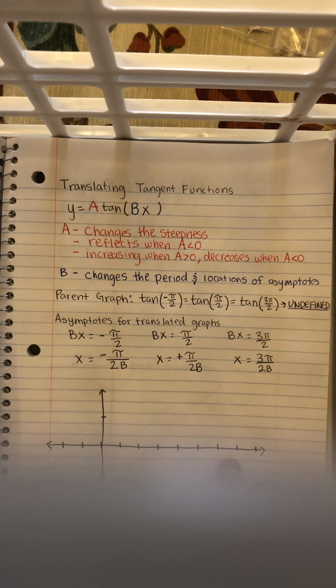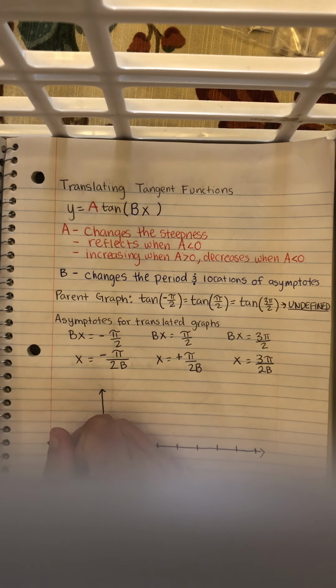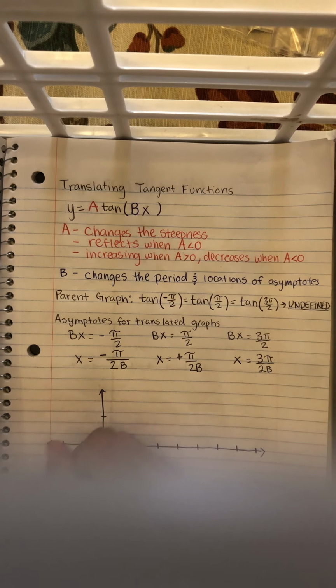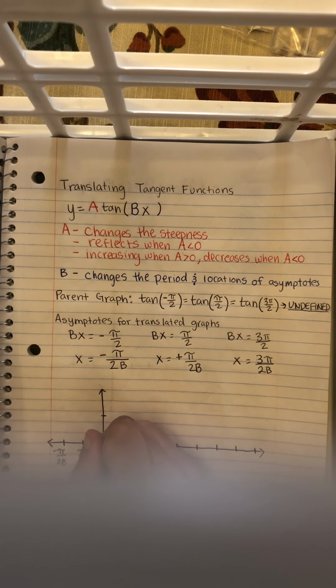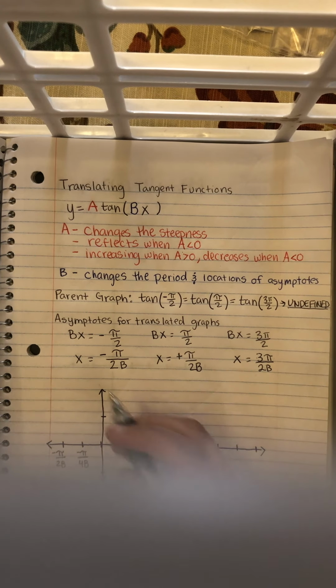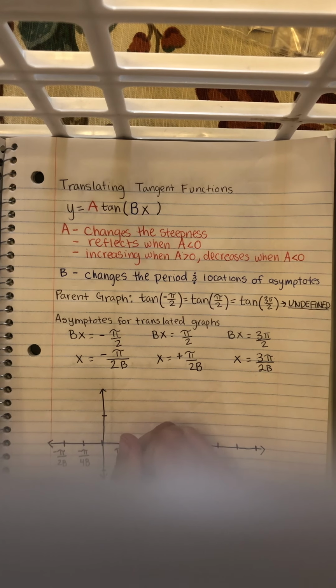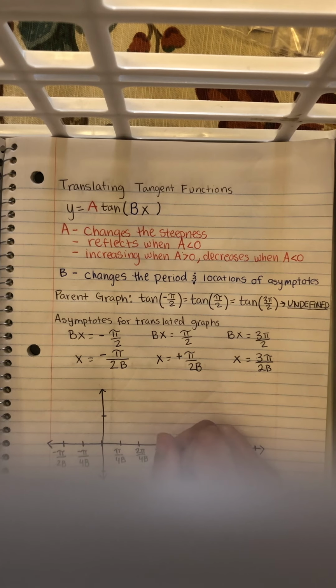Our x-axis is going to look the same almost every single time. What's going to change is what we count by. So our first asymptote is at negative pi over 2b. This next unit here is going to be halfway between negative pi over 2b and 0, and that's going to be negative pi over 4b. Our scale every single time is going to be pi over 4b. 2 pi over 4b. 3 pi over 4b.